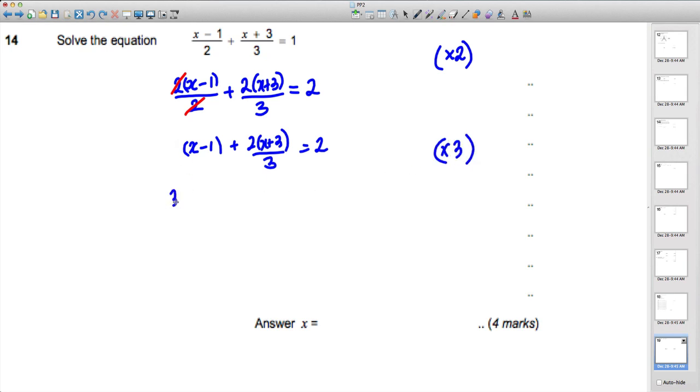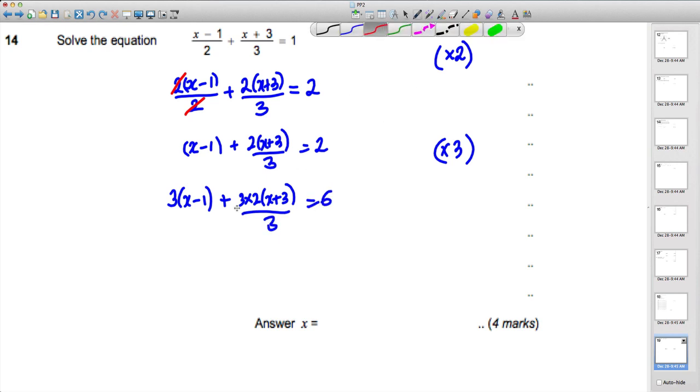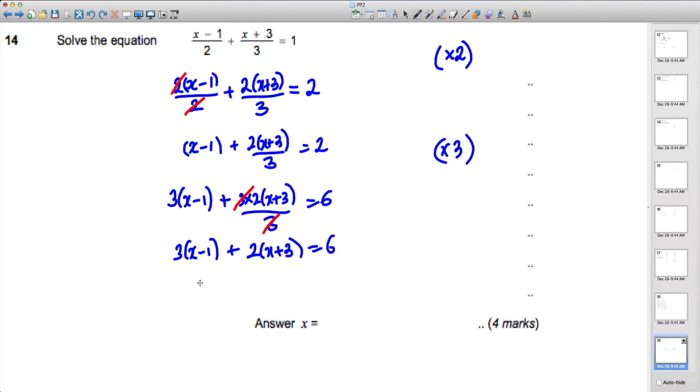So that would be 3 times x subtract 1 plus 3 times 2x plus 3 over 3 is equal to 6. Because there's a 3 times on top and on bottom, they cancel. So I would simply get 3 times x subtract 1 plus 2x plus 3 is equal to 6. Expand your brackets, 3x subtract 3 plus 2x plus 6 is equal to 6.